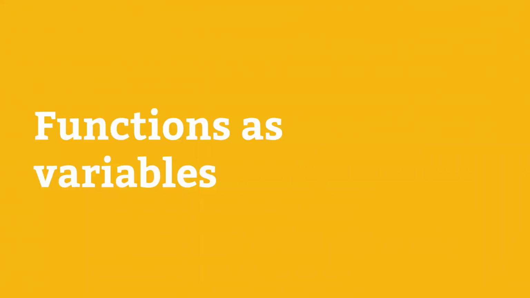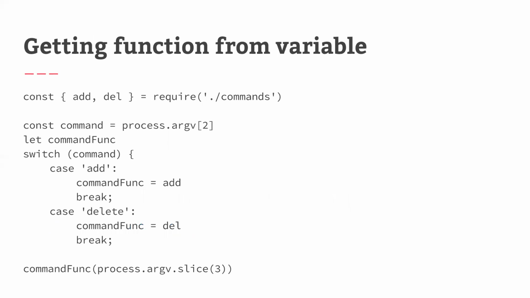Let's talk about functions as variables. Okay, this may look familiar from to-do list, right? So let's say I have a commands.js file and I'm requiring add and del from it.